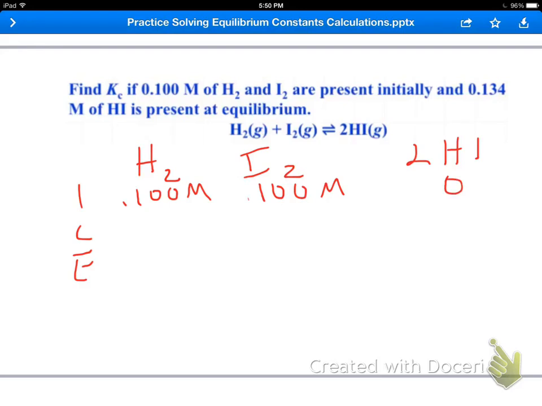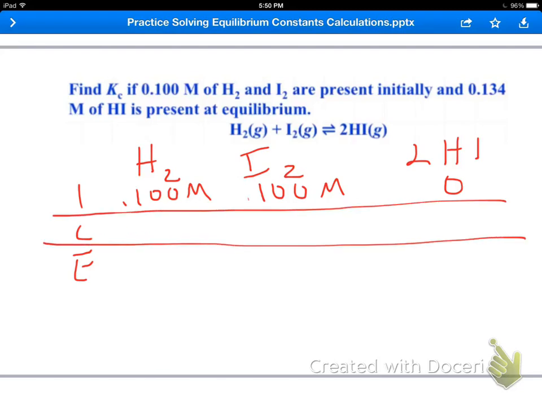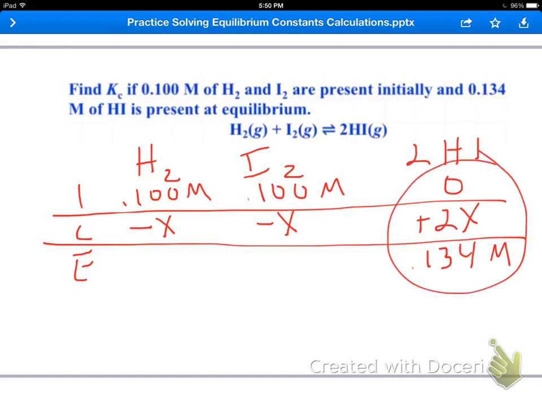At equilibrium I have 0.134 molar of the product. So if I assume I'm losing some amount x of each of these because they have the same coefficient and gaining 2x of the product, I can use this to figure out what x is, right?